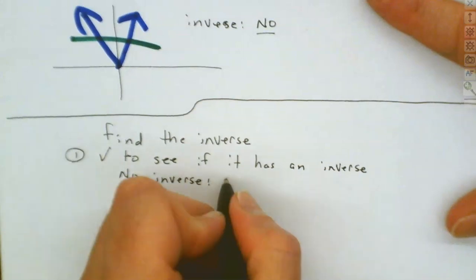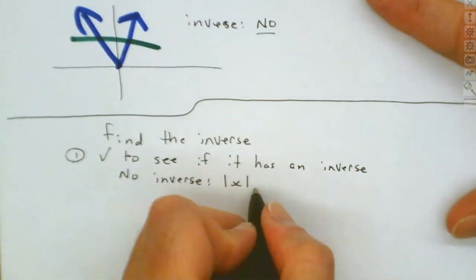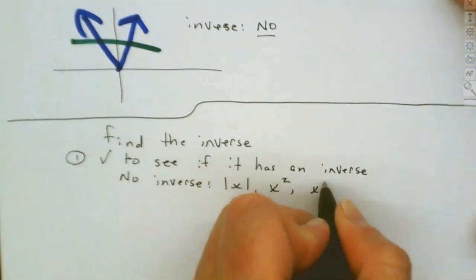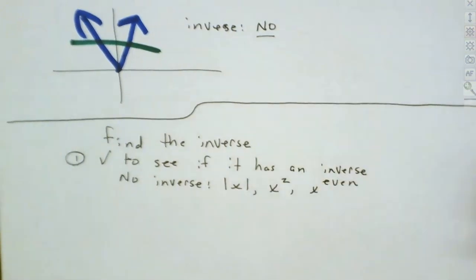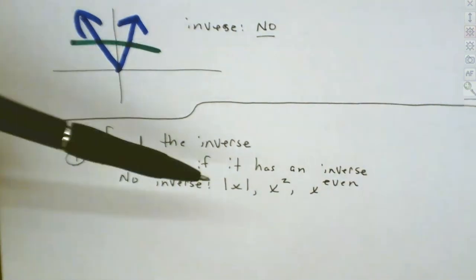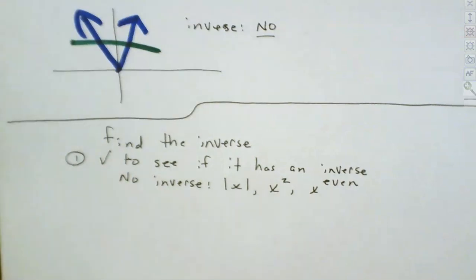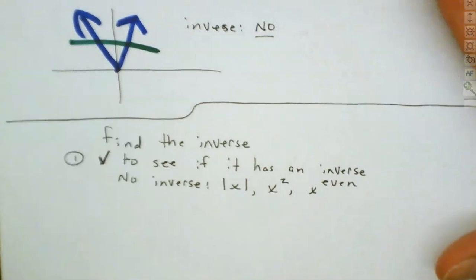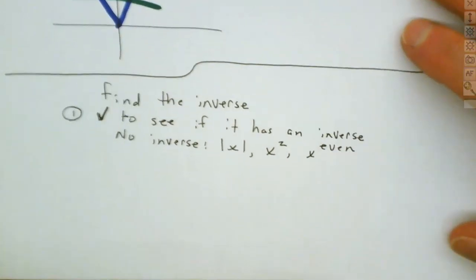These two do not have inverses: the absolute value of x and also x squared. If ours has a square in it, or any even power, it is going to behave like a square. So absolute value of x, x squared, or x to any even power is not going to have an inverse. So that's the first thing you do, you check to see if it has an inverse.